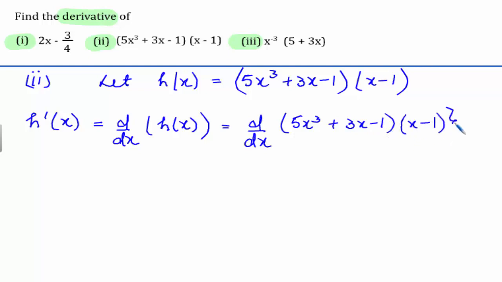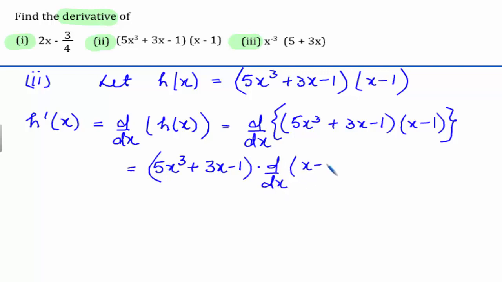Now applying the product rule, which is first function into the derivative of the second function plus the second function into the derivative of the first function.